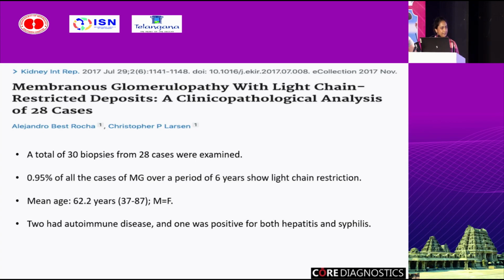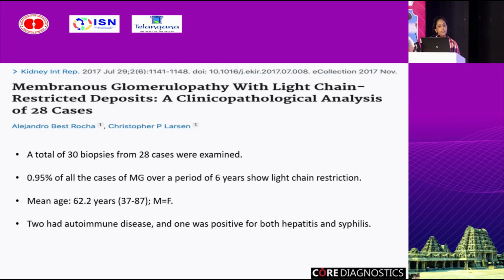In 2017, Larson and Rocha compiled the most extensive case series of membranous nephropathy with light chain restriction, wherein they examined 30 biopsies from 28 cases. An interesting finding here was that over a period of 6 years, only 0.95% of all the cases of membranous nephropathy showed a light chain restriction. The mean age at diagnosis was 62, and there was no particular preponderance to either of the genders.